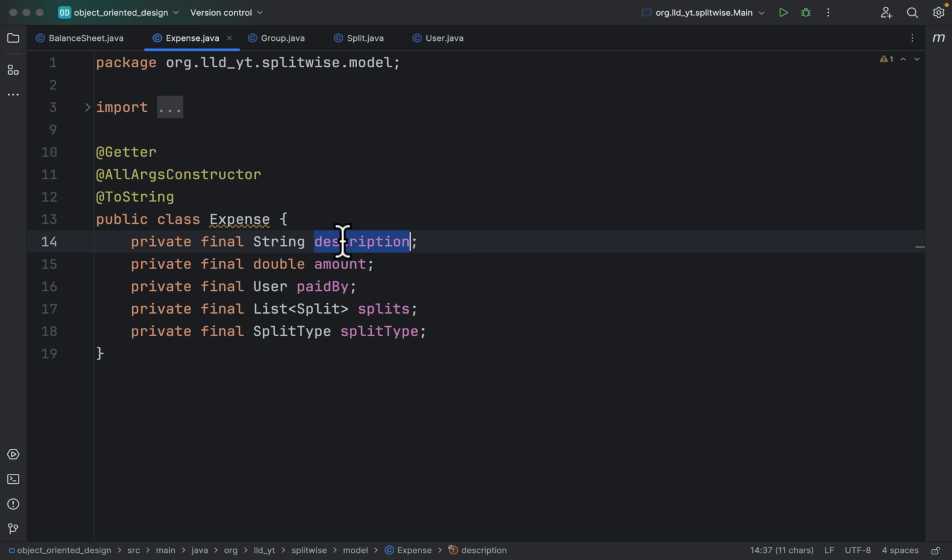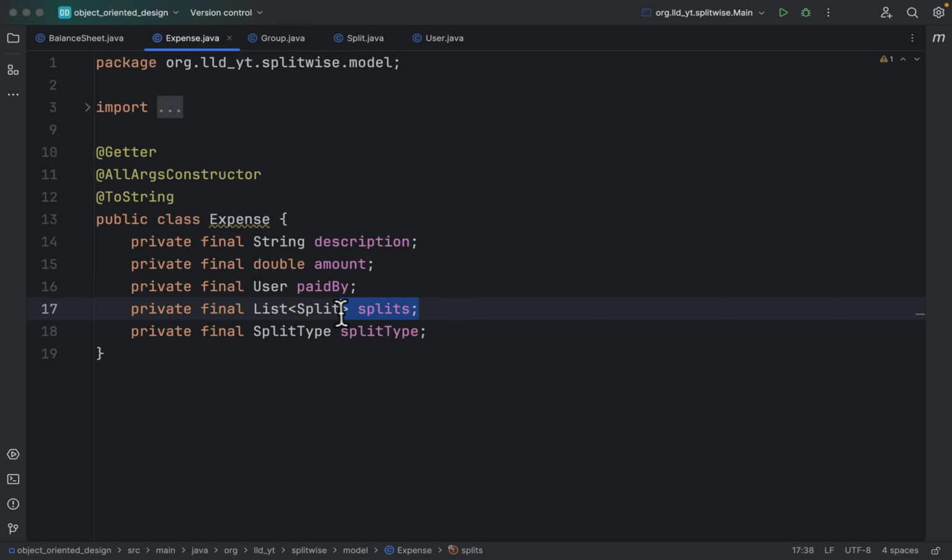So instead of description, you can also write the title. So for example, if all the friends are going for a lunch, then the description would be lunch. Then this is the total amount of that particular activity and the user who has paid that amount.